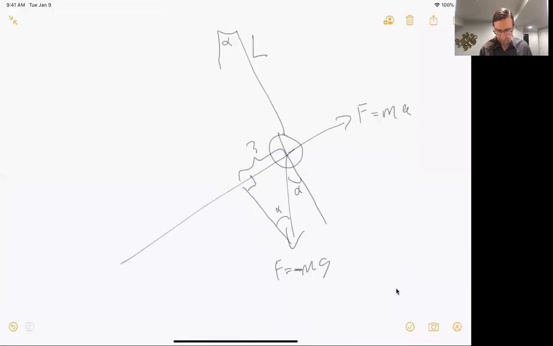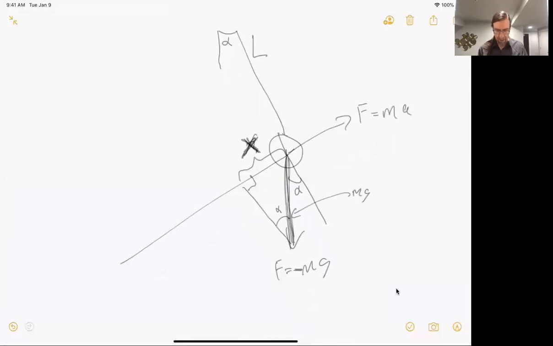Now the hypotenuse is just the length of that arrow, and the length of that arrow is mg. So if I want to figure out what this number is, let's call that x for now. I need some trigonometry.